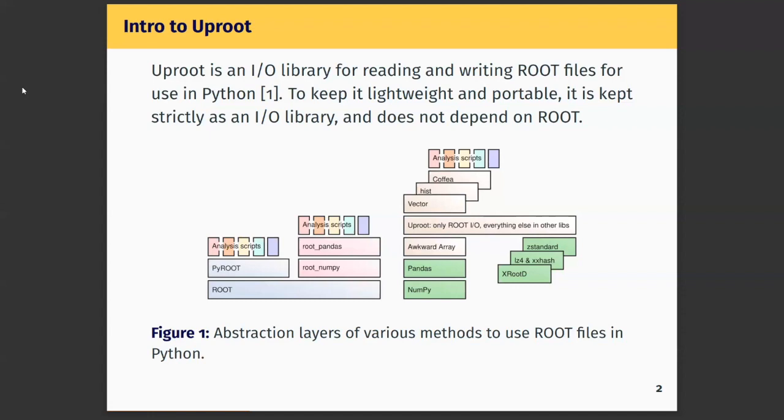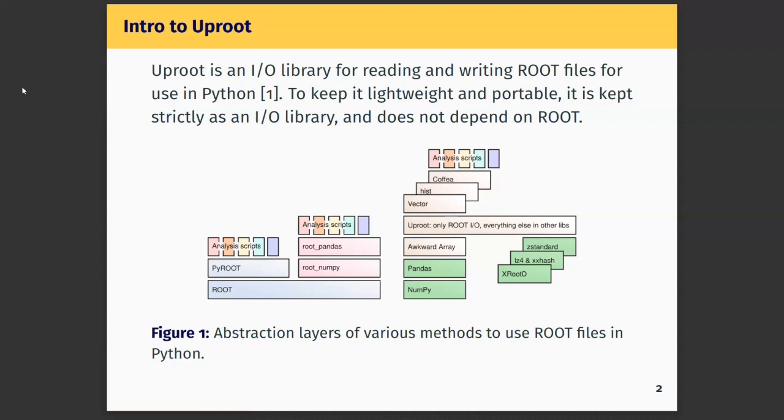Right now it has more reading capabilities than writing. One of the benefits of using Uproot compared to something like PyROOT or rootnumpy is that it doesn't depend on ROOT at all. That, along with Uproot being kept strictly an input-output library, means that it's very lightweight and portable. And that's really useful.